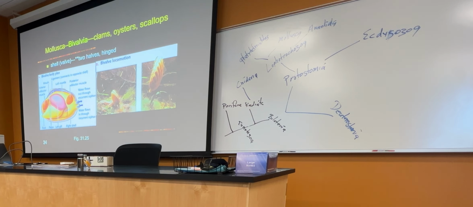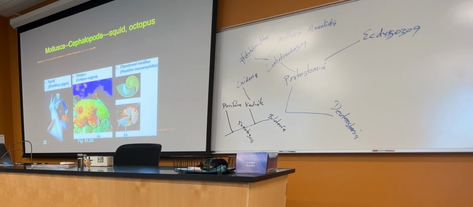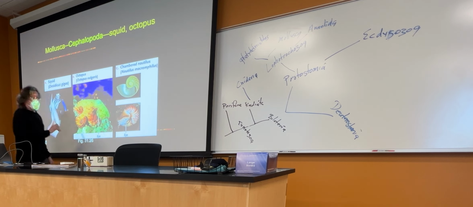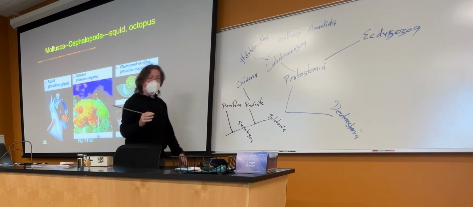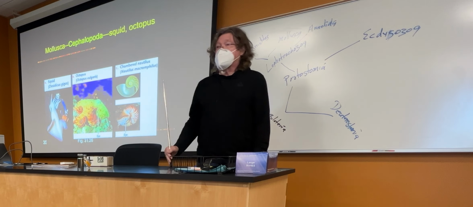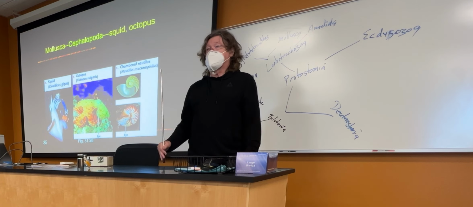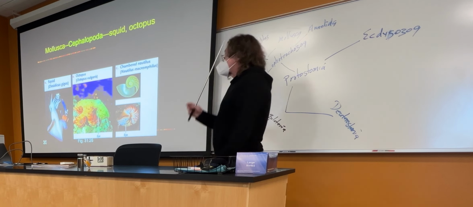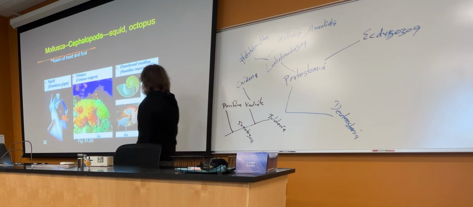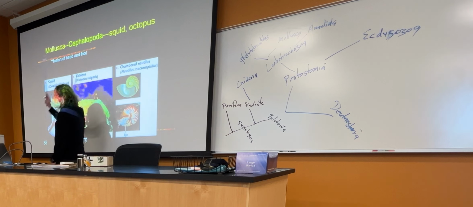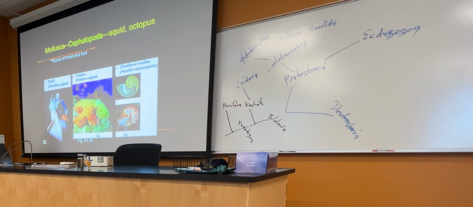Hinged. And then the last group, and then I will stop, is a very interesting group. This is the most advanced mollusk, Cephalopoda. This is squid and octopi. The octopuses are very intelligent, so these are pretty intelligent critters. The apomorphy here is the fusion of the muscular foot and head.